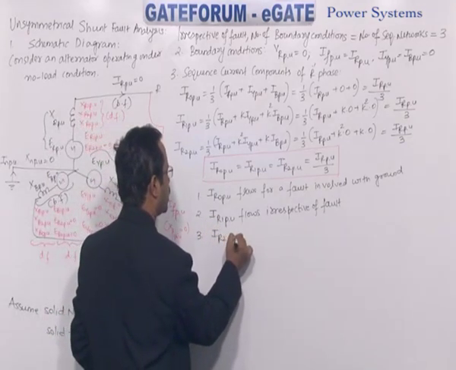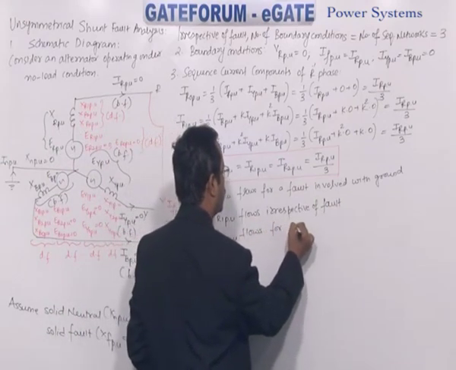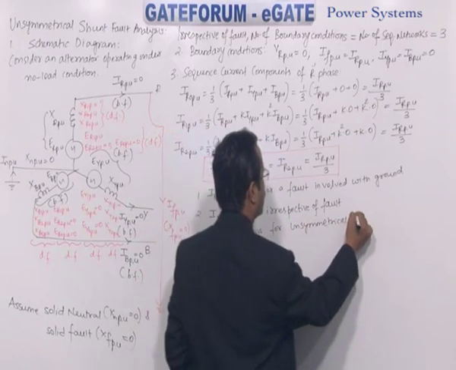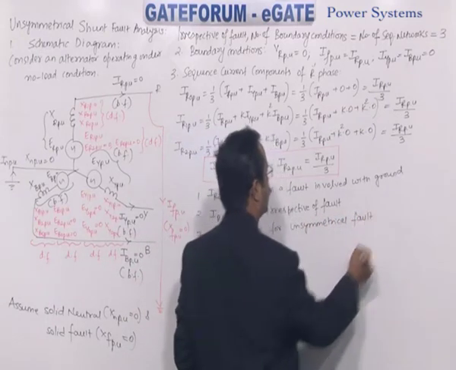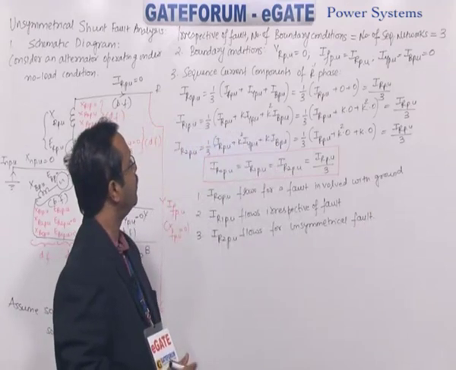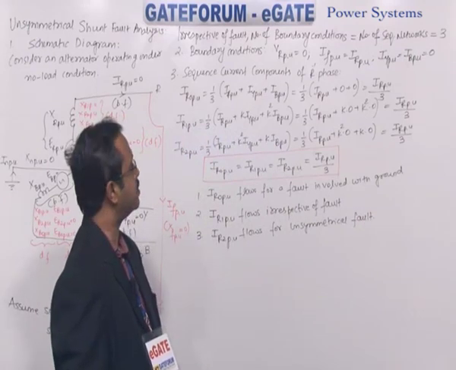That is, for symmetrical faults, IR2 per unit is 0. So IR2 per unit flows for unsymmetrical faults. So these are the sequence current components of R phase.